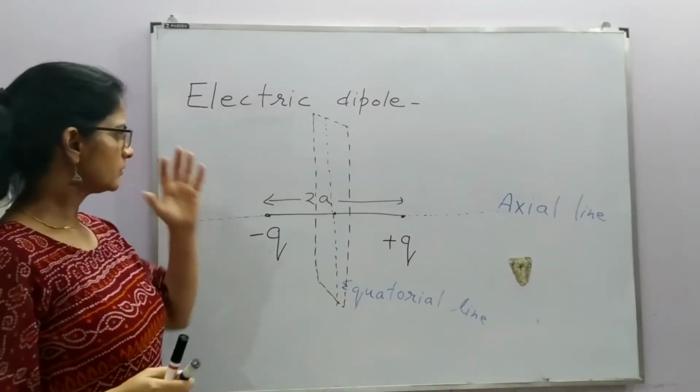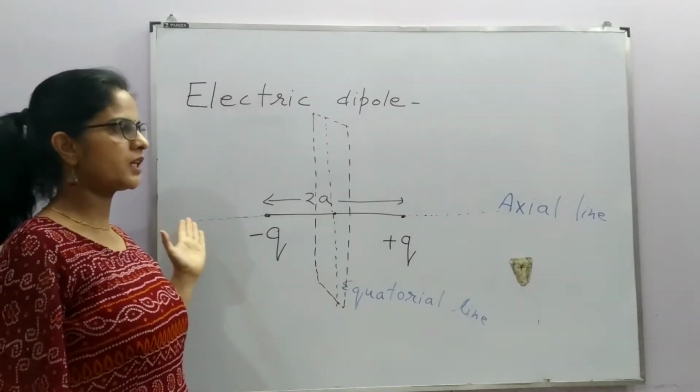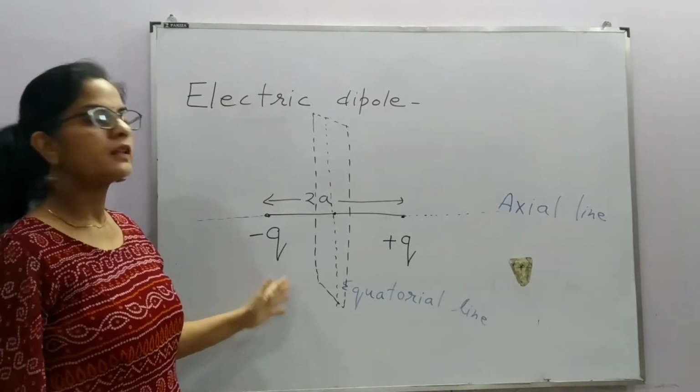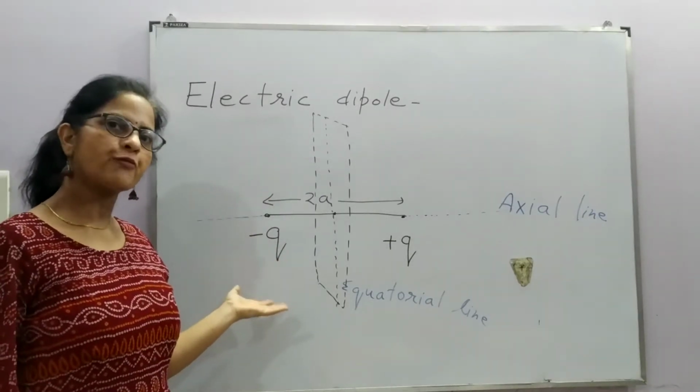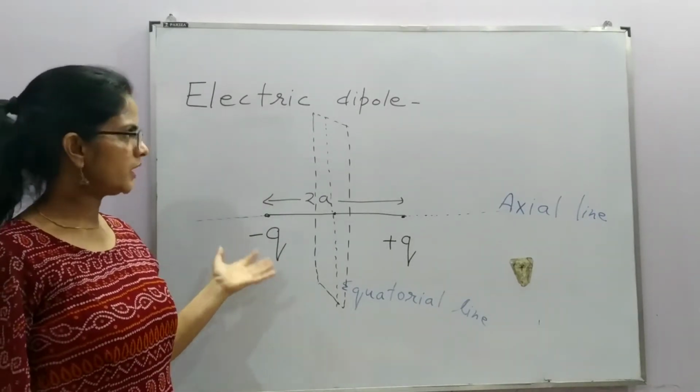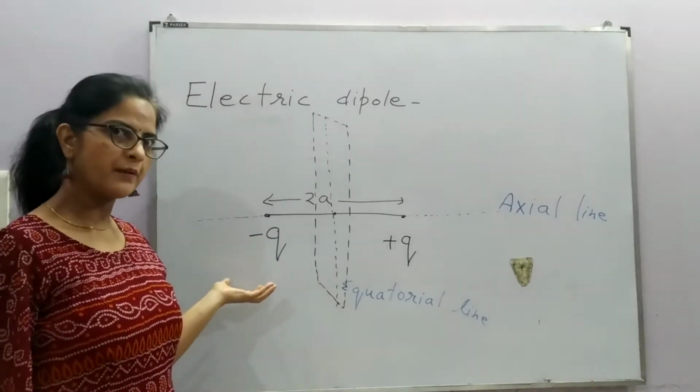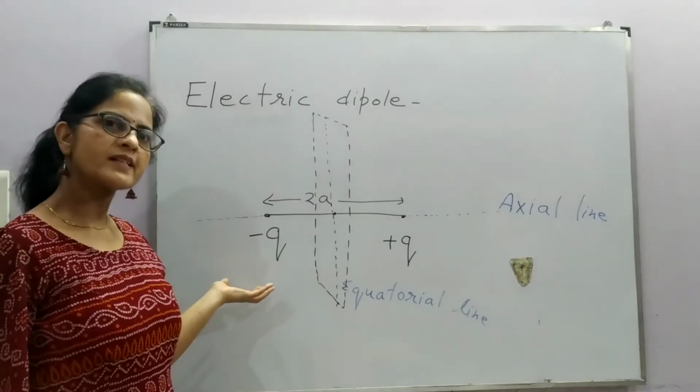Based on the selection of the point, whether we are taking it on the axial line or the equatorial line, the value of electric field will be different. So in today's lecture, we are considering the electric field due to a dipole at a point on its axis.